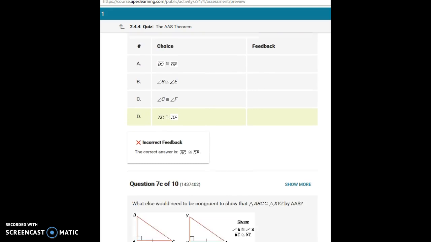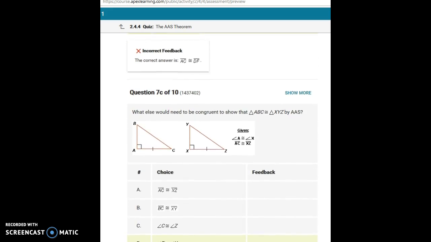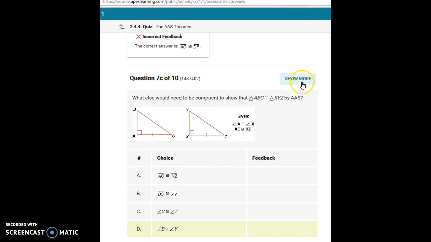Okay, so moving here. Angle, angle, side. They give you an angle and they give you a side. So we need another angle. This time the side is AC and XZ. So we need an angle, then a side.